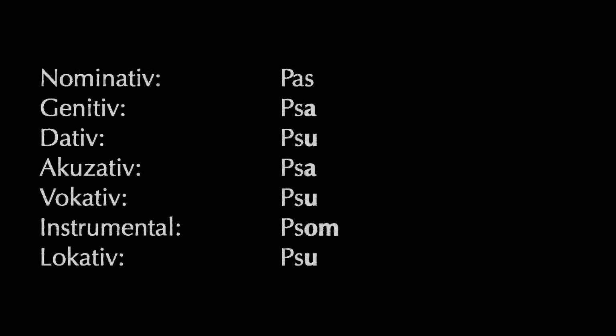Ja sam daleko od psa. Here you can see that A disappears and now we have the ending A. That is a normal ending for cases. Idem ka psu. Vidim psa. Gde si psu? Ja sam sa psom. And šešir je na psu.